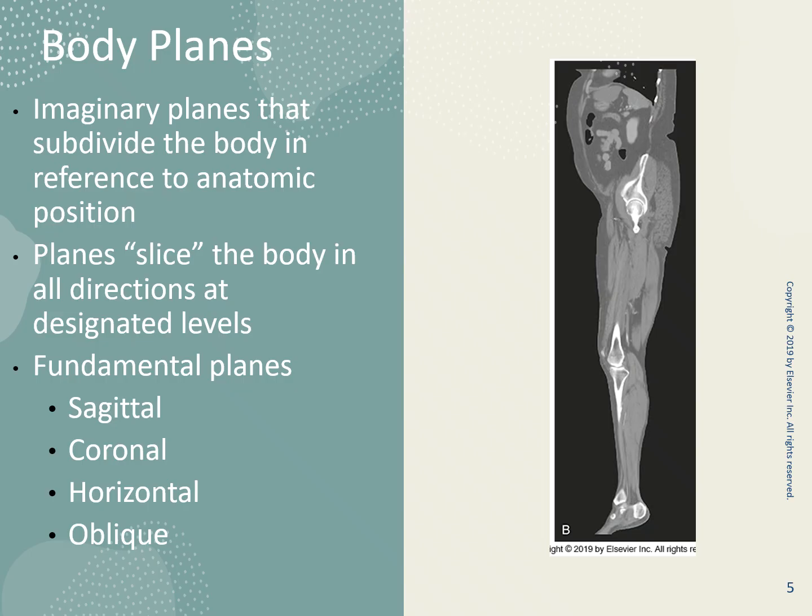It's just acknowledging that this particular hand is not in anatomic position, and therefore the thumb is actually medial, closer to the midline of the body than the pinky finger is. The pinky finger is now lateral in a pronated view X-ray of the hand.